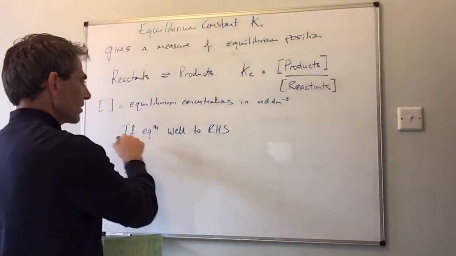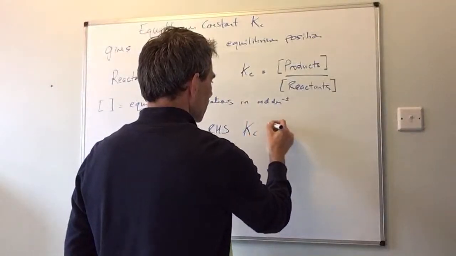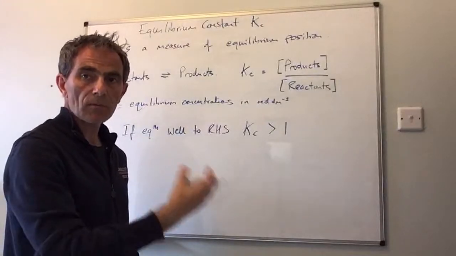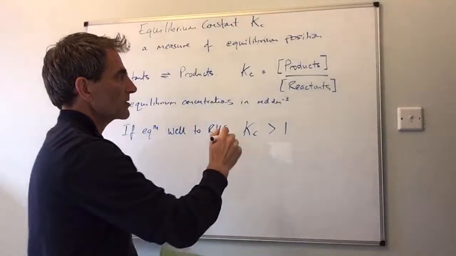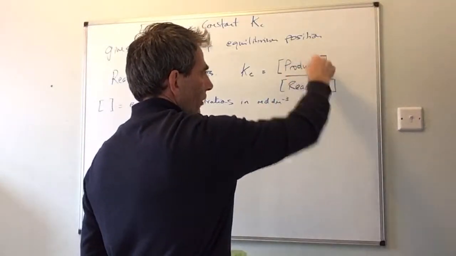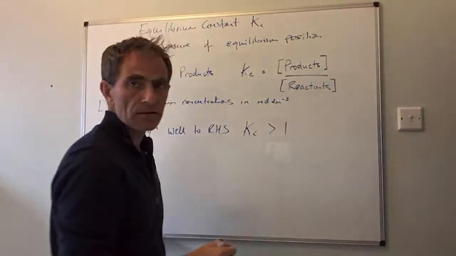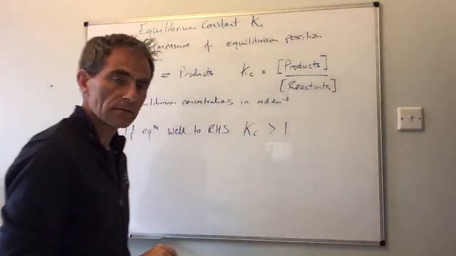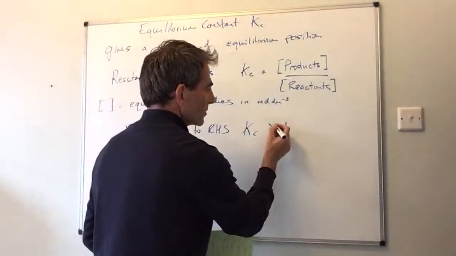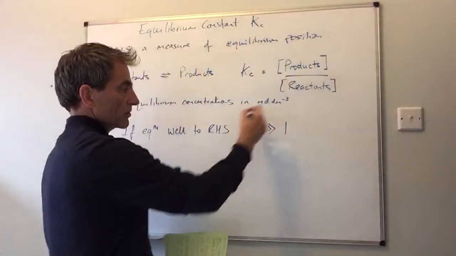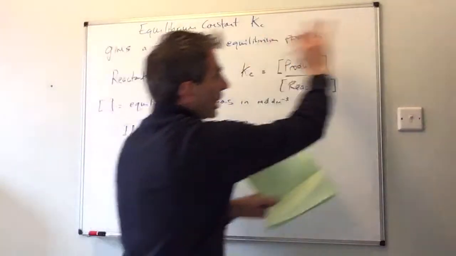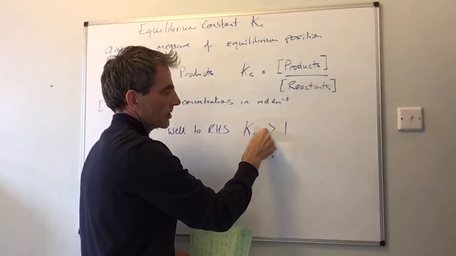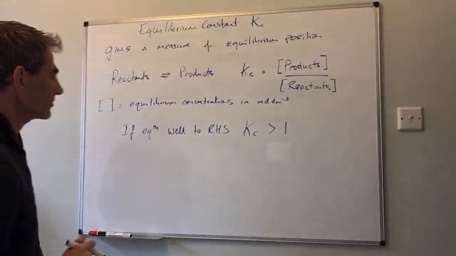So that's going to give you a Kc value greater than 1. And the bigger than 1, as it gets bigger and bigger, it means the products are far outweighing the concentrations of the reactants at equilibrium. So the equilibrium must be really over to the right hand side. Sometimes they would use this double greater than arrow if it was really bigger than 1, meaning it's well over to the right hand side.